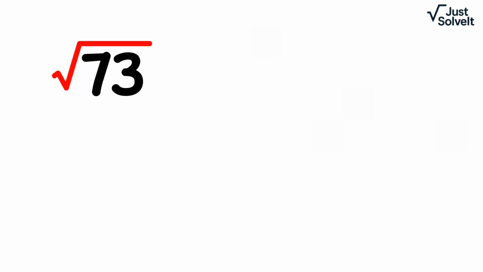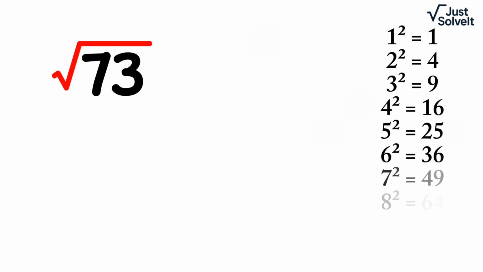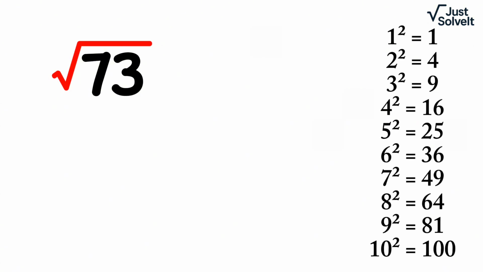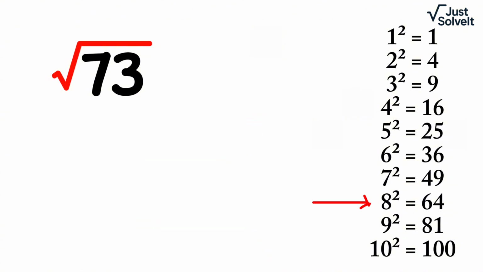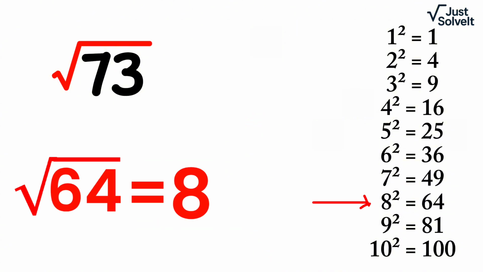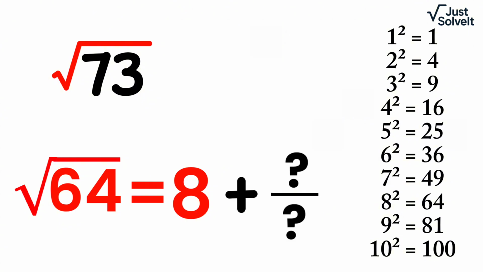As a first step, write down the squares of numbers from 1 to 10. Now, just find the number whose square is just less than 73, which is 8, since 8 squared is 64. So we know that our answer will be 8 plus something, where something is a fraction. Take the number 73 and subtract 64, which is 8 squared.